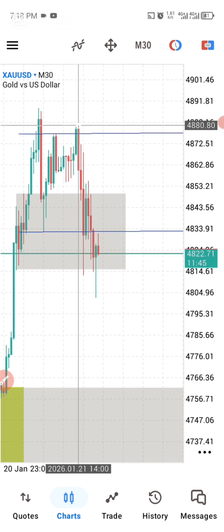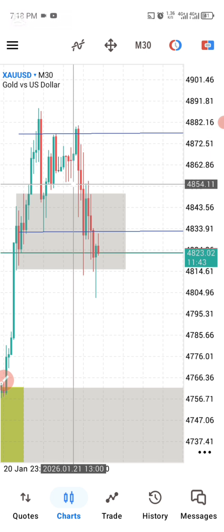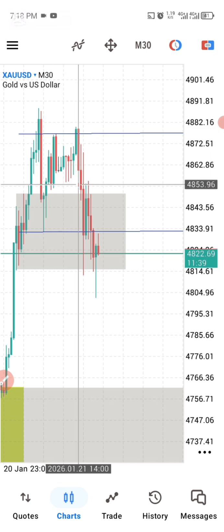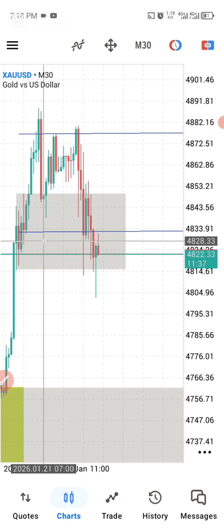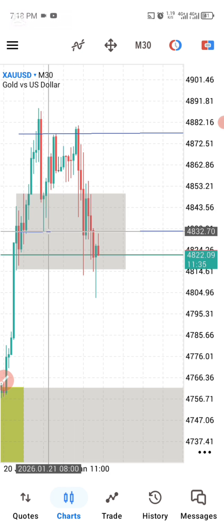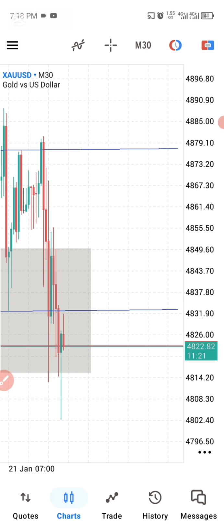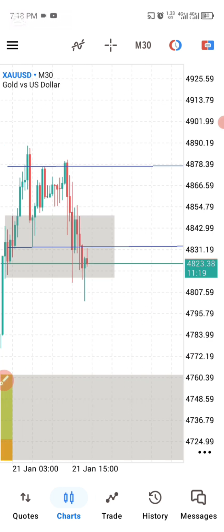Now after that, the market pulled down and swept out this higher low here and also this as liquidity. Now the market has obeyed the second thing I'm looking out for in the market. It has broken out of structure and swept out liquidity. Now the remaining one is my confirmatory.